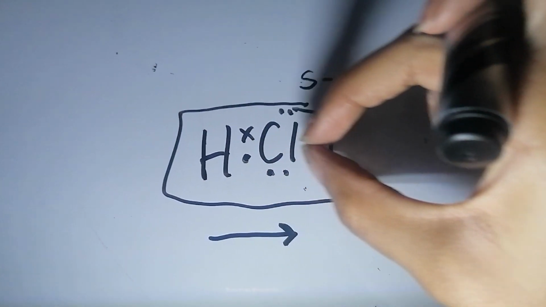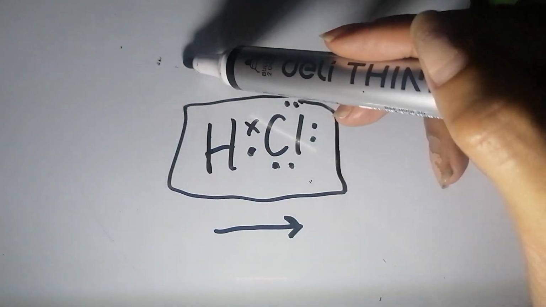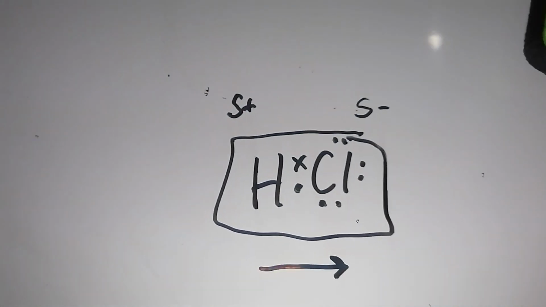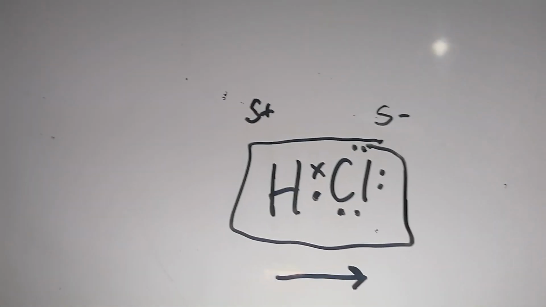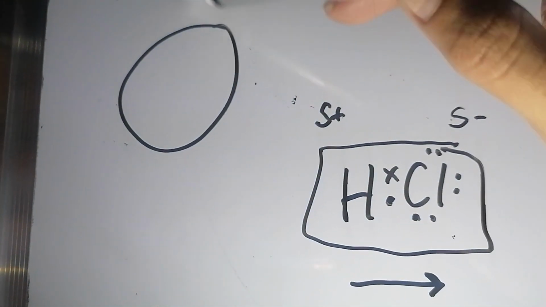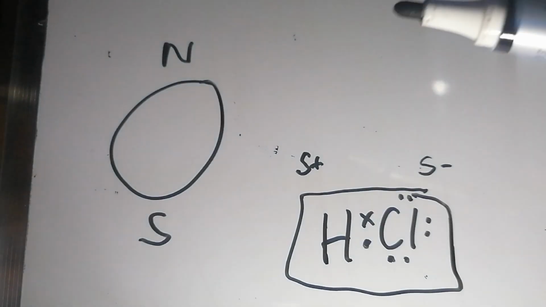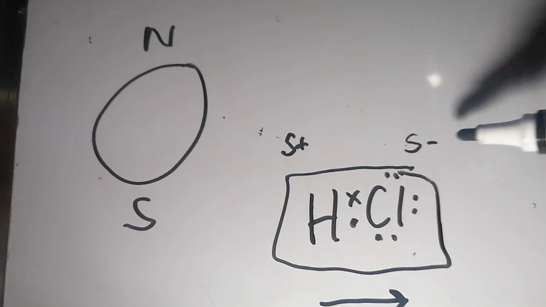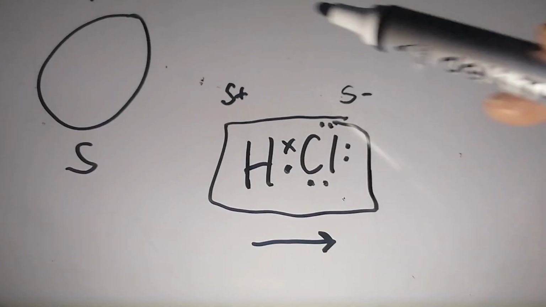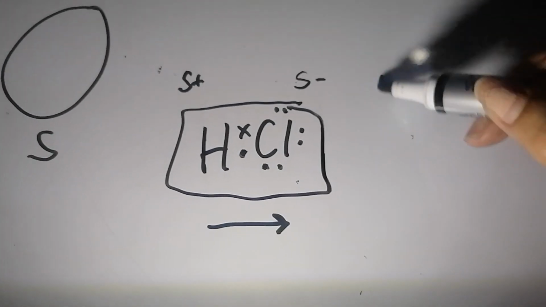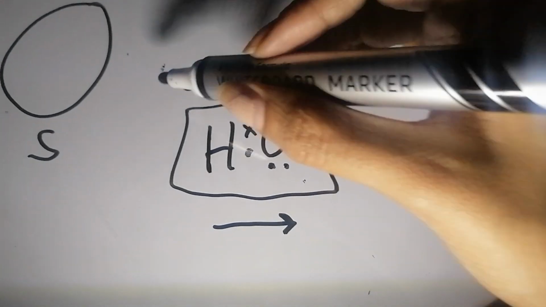And if the electrons are leaving the H, then this side will become partially positive. And that's what polar means. It's when you have two poles, a north pole and a south pole, for example. Here we got a positive pole and a negative pole. So this whole molecule will be deemed polar because it formed two poles.